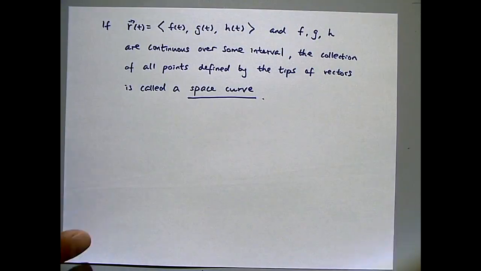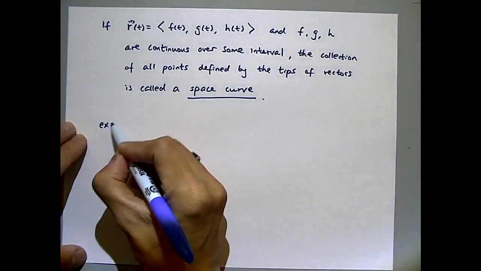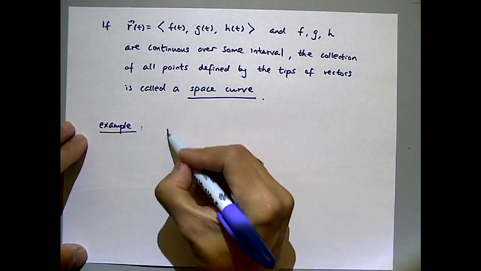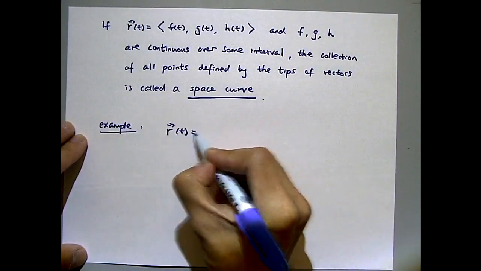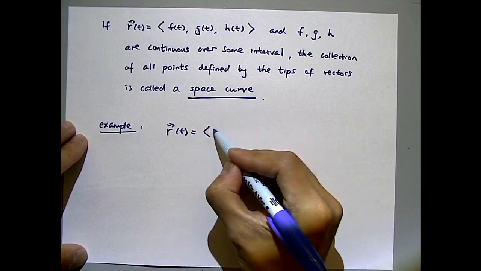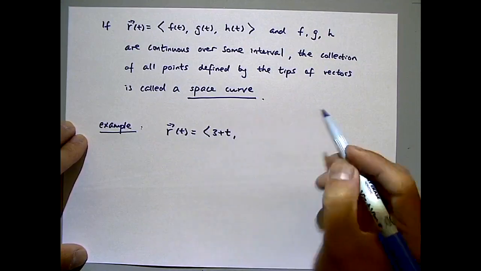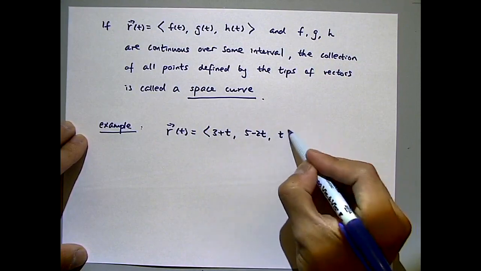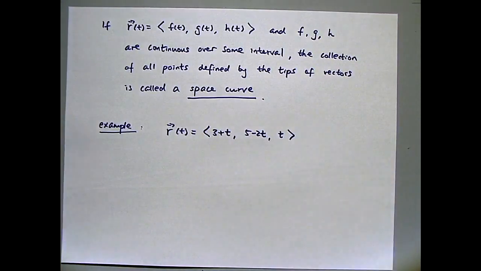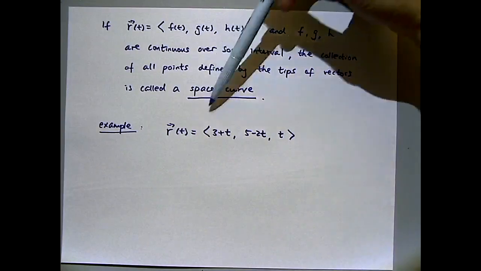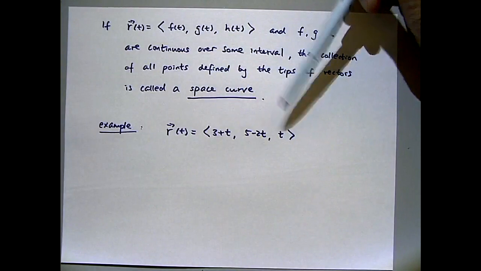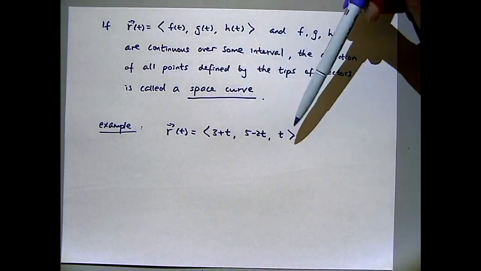And you have seen this already. You've seen this already when we were dealing with lines, right? This is a straight line that goes through the point (3, 5, 0) and parallel to the direction (1, -2, 1).